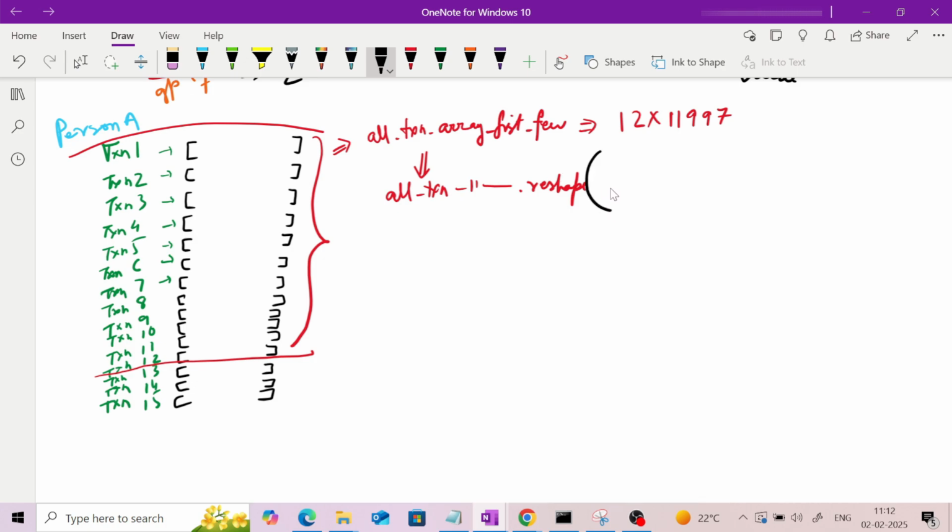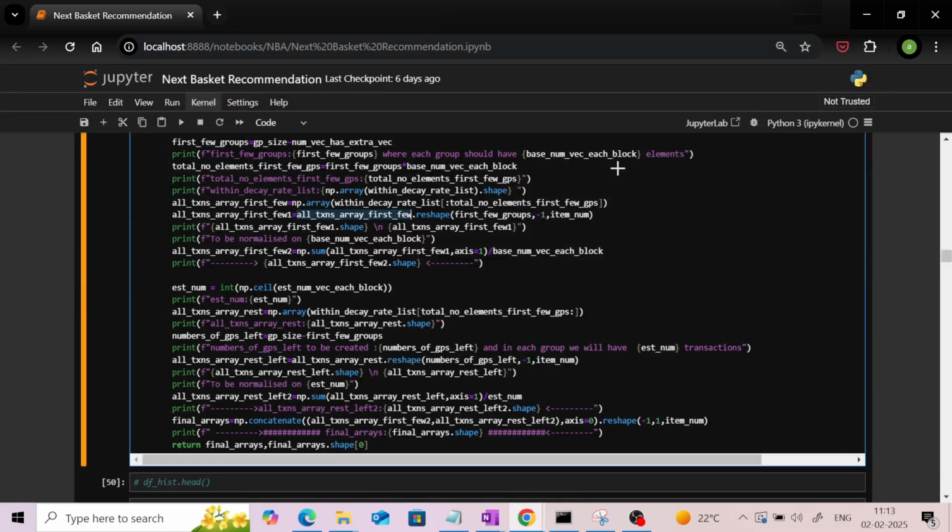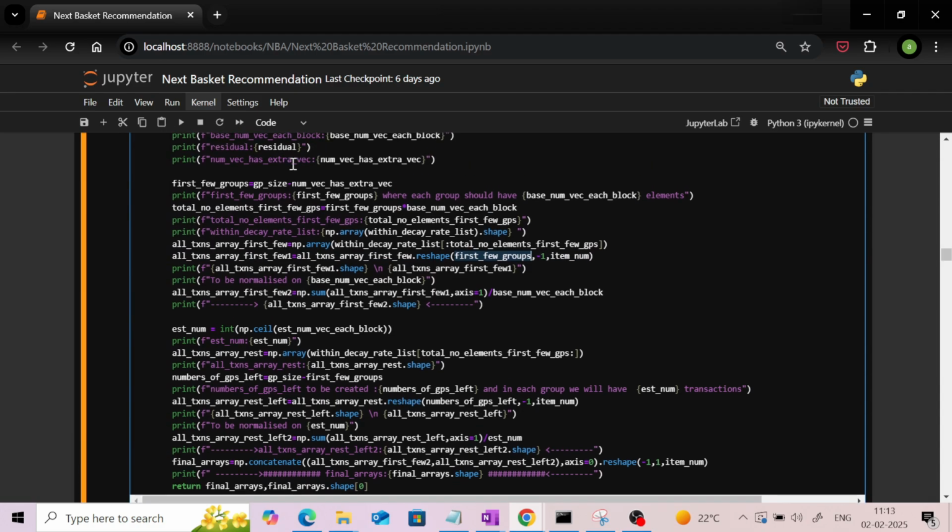The first one is the number of groups. So the number of groups over here is first few groups. If you remember, the first few groups that we calculated from here, where group size is 7 and num vector has extra vec is basically 1. So a total of 6 groups is there.